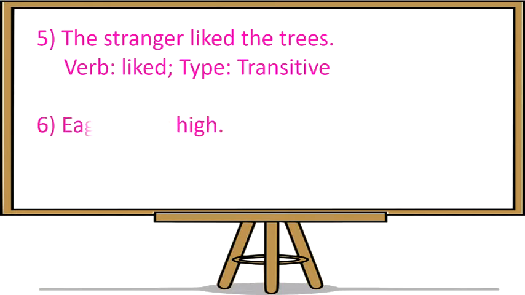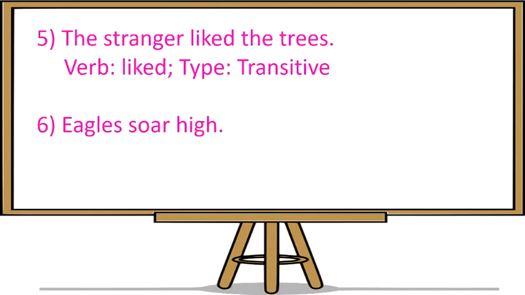Next we have, eagles soar high. Soar means fly. Now eagles is the subject. Soar is your verb. Again ask yourself, eagles soar what? We don't get any answer.